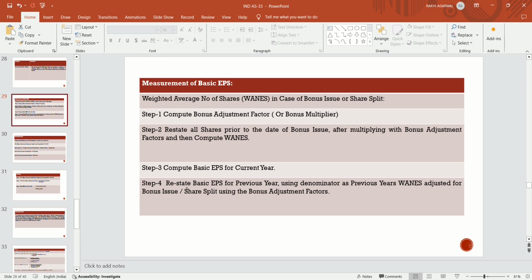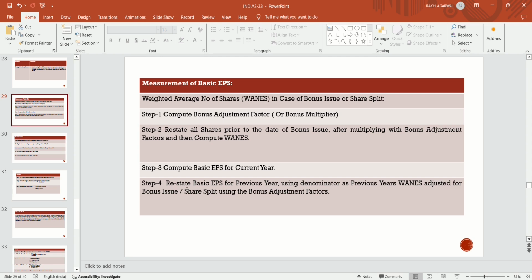Restate all shares prior to the date of bonus issue by multiplying with the bonus adjustment factor, which means we give the bonus effect on shares issued prior to the bonus issue, and then compute the bonus-adjusted weighted average number of equity shares. Compute basic EPS for the current year.